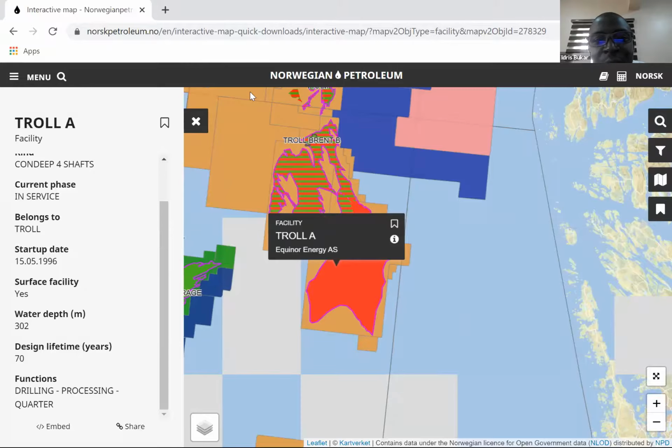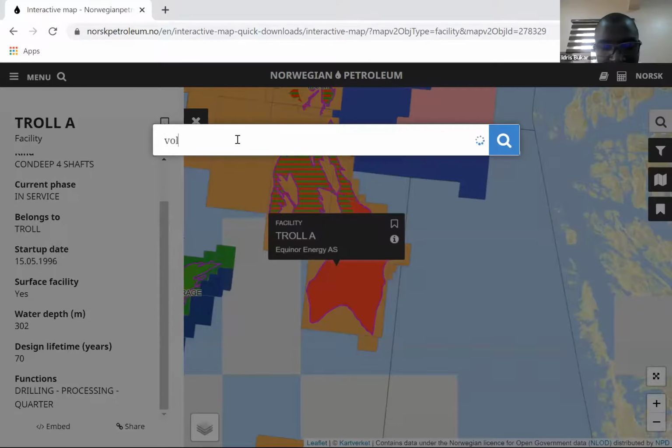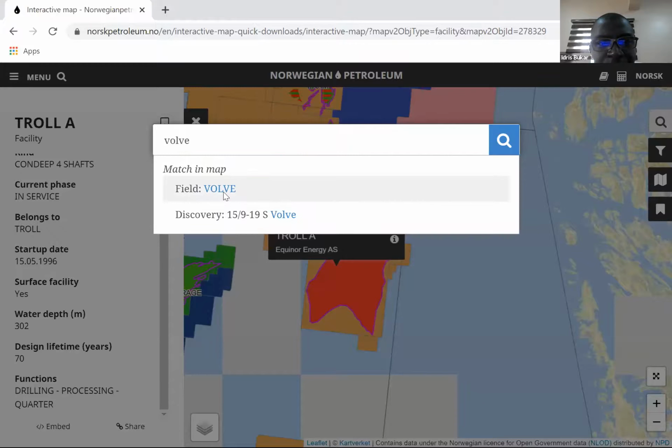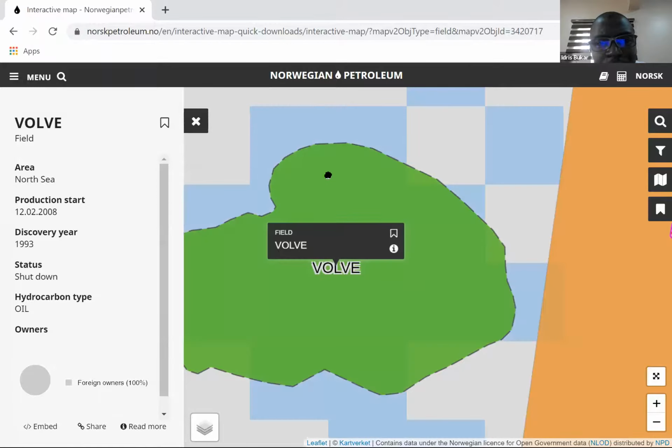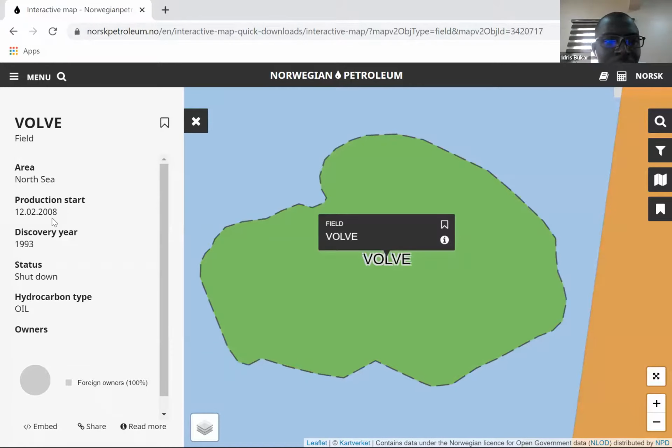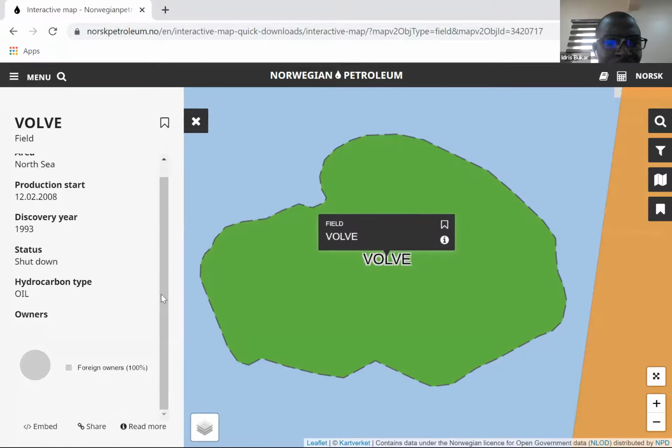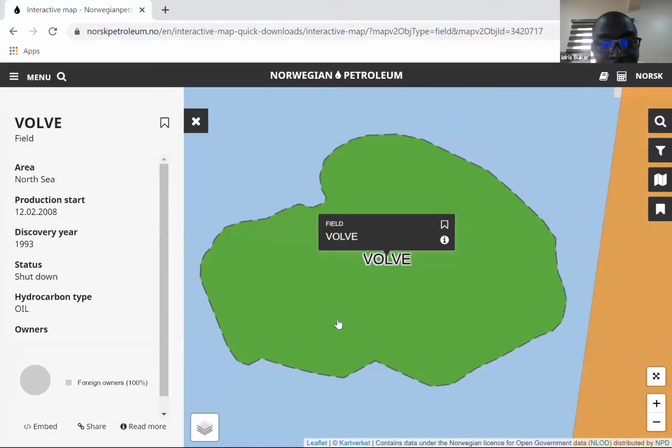So yeah, and Volve, which is where I got that map from, I decided to just show it. It's here. Okay, so it started in 2008 and it's shut down. I think it ran till 2016, for 8 years, and it's an oil field, hence the green color of the field.